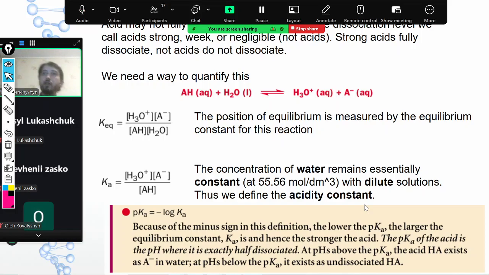Okay, tricky question for you. I hope we will have some time for that. Why is pKa the pH when the acid is half dissociated? Can you guess from these two formulae? That's basically all you need. Well, and the definition of pH.